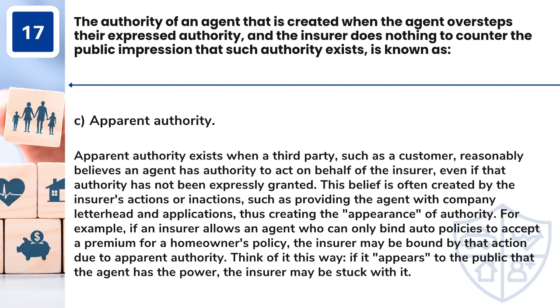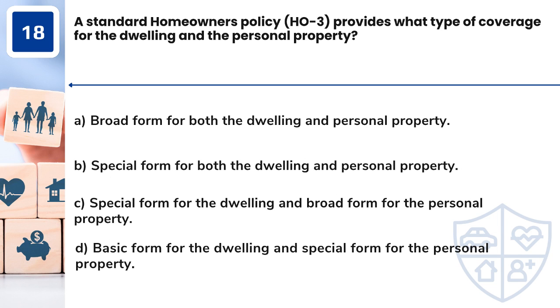For example, if an insurer allows an agent who can only bind auto policies to accept a premium for a homeowner's policy, the insurer may be bound by that action due to apparent authority. Think of it this way: if it appears to the public that the agent has the power, the insurer may be stuck with it.